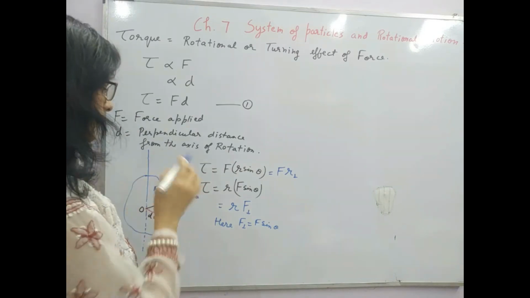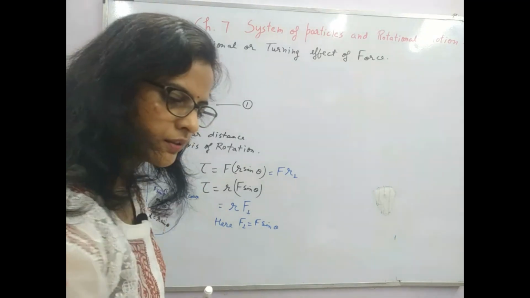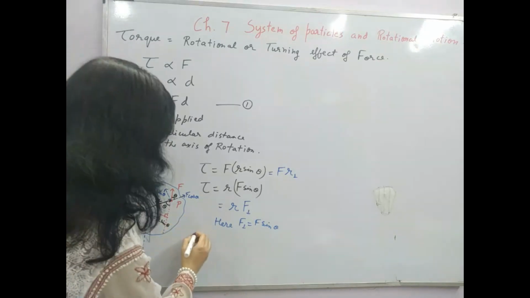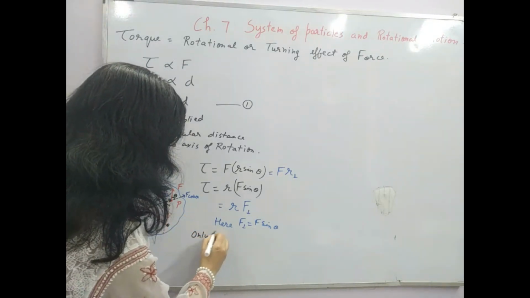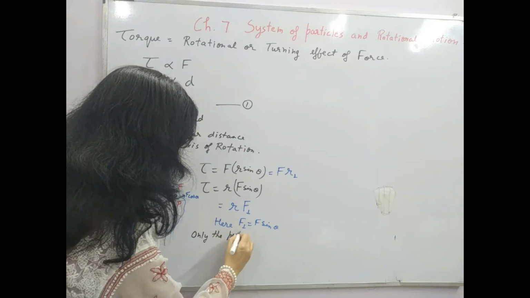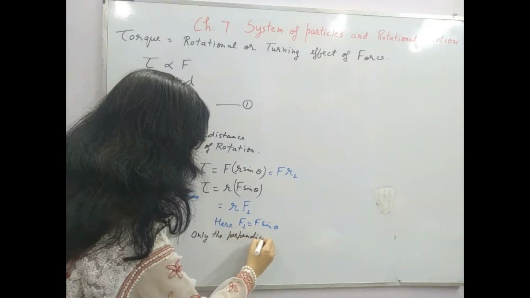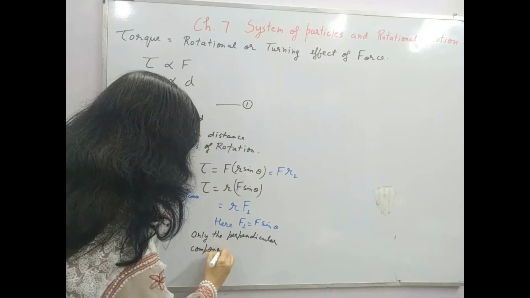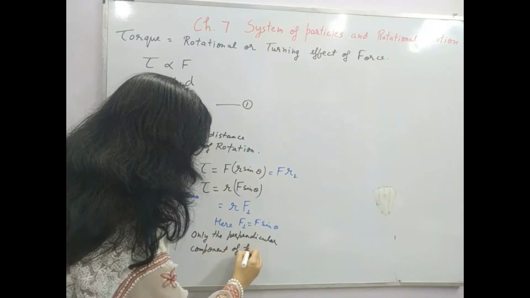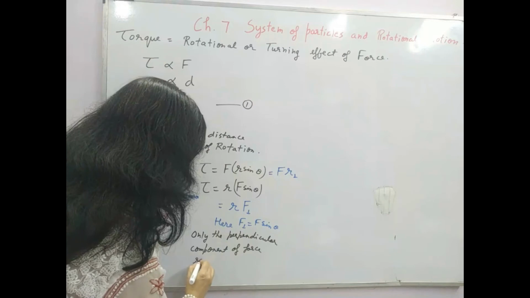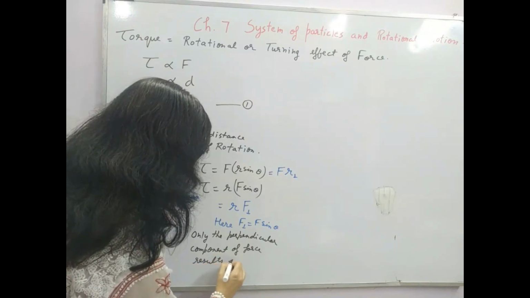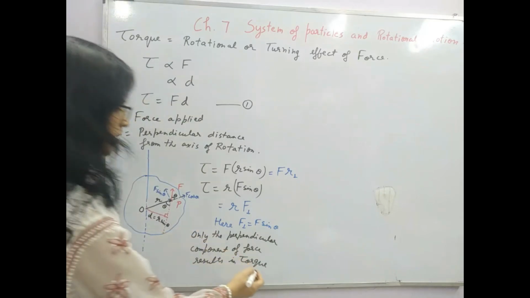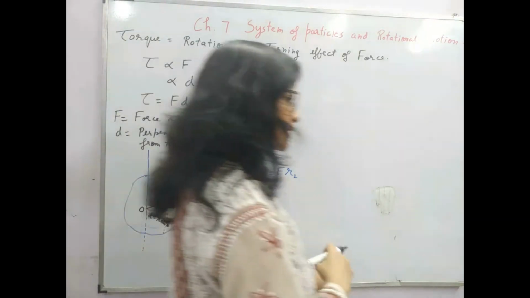So this is one thing. The result which is very important over here is that only the perpendicular component of force results in torque, or you can say the rotational effect of force, right?